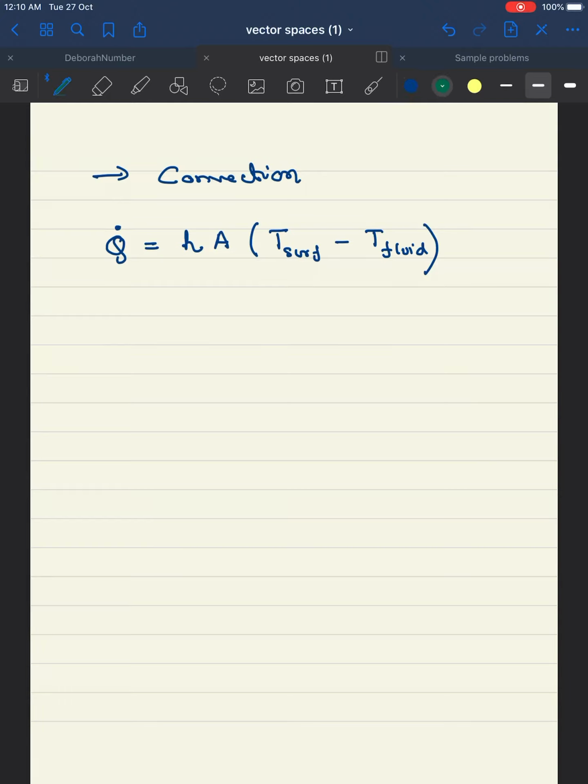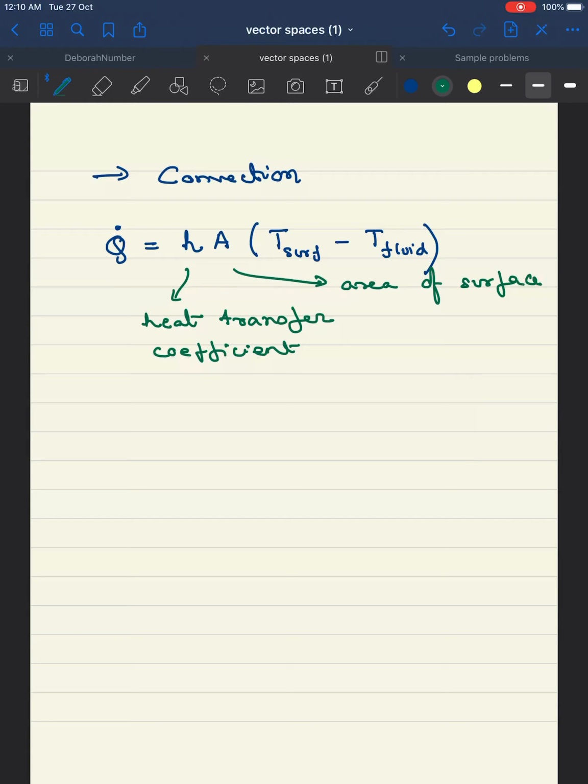Where h is something called the heat transfer coefficient, A is again the area of the surface, and T surface is the temperature of the surface, and this is the temperature of the fluid. So this will give you the heat transfer occurring between the solid surface and the fluid.